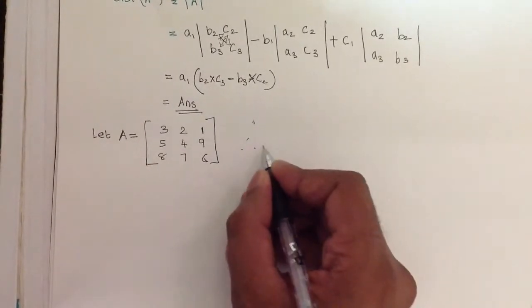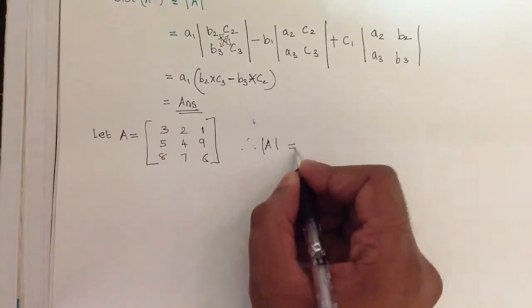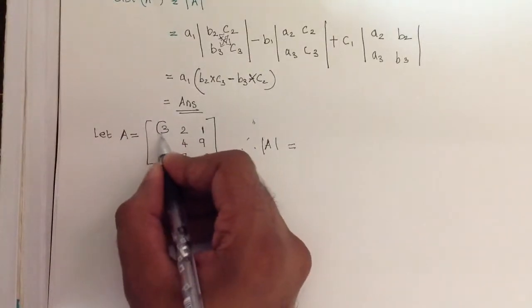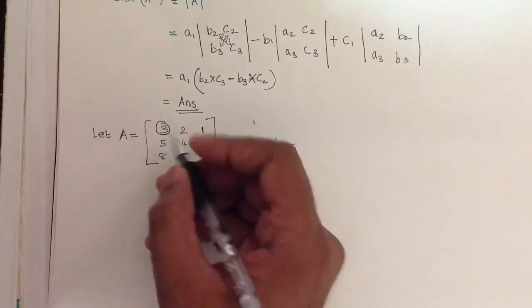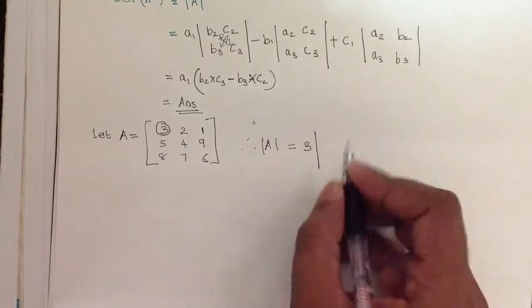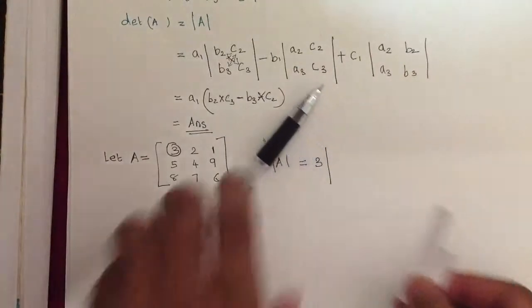Therefore determinant A is equal to, the first value we have to find is 3. So it is 3 times the determinant of, the same thing we have to do. One second, sorry.